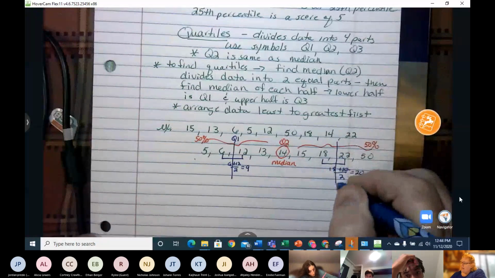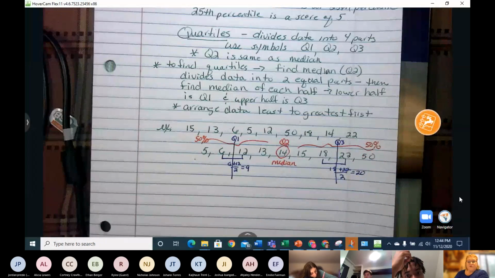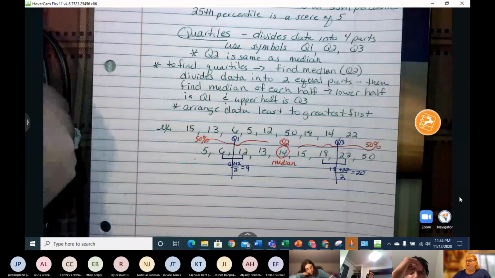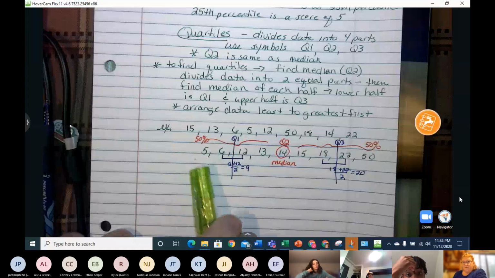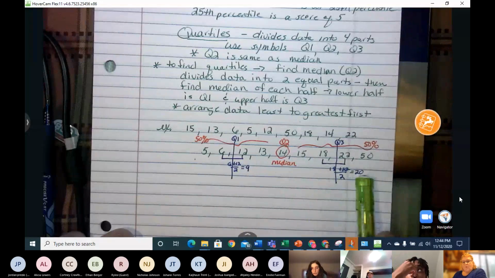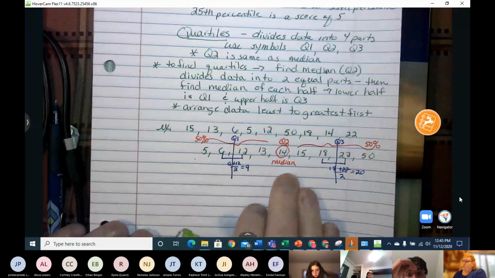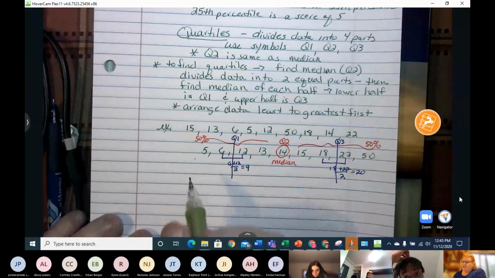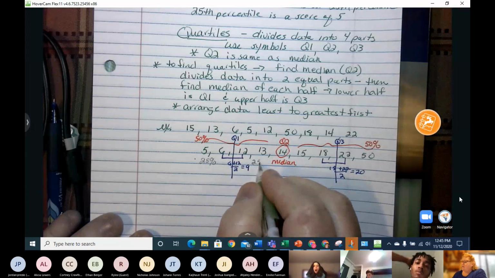And so that is going to be quartile 3 at that position, which has the value of 20. Now, what I have to recognize is this is first quarter, second quarter, third quarter, fourth quarter. The quartiles are the parts that divide it, but the quarters are each component. Each component is 25% of the data.